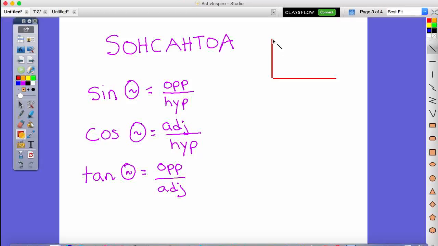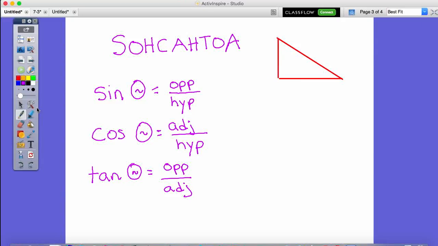And I'm going to say that this triangle has leg lengths of 7 and 10. And I want you to find the measure of this angle theta.